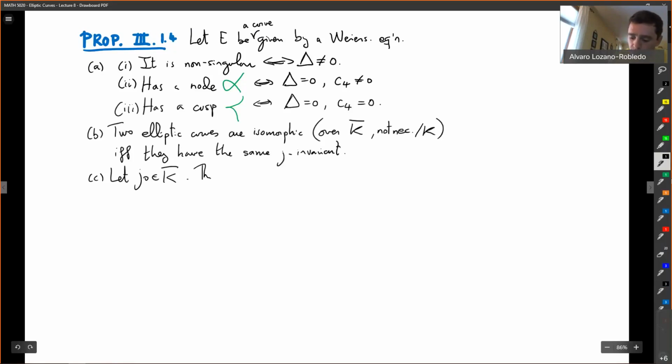Then there exists an elliptic curve defined over K adjoin j0 with j-invariant equal to j naught.